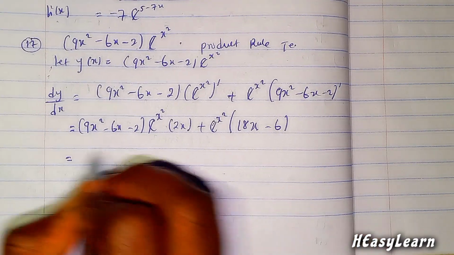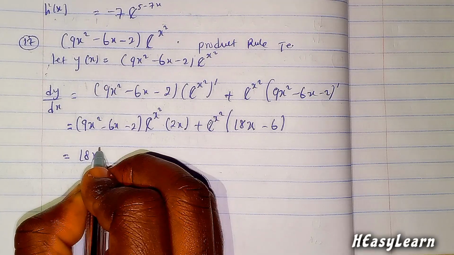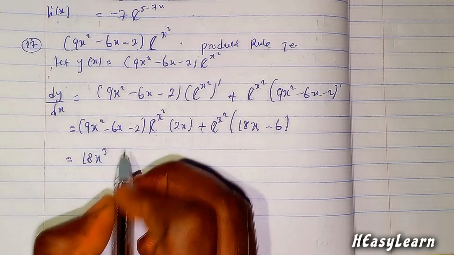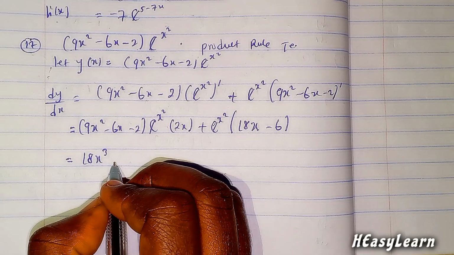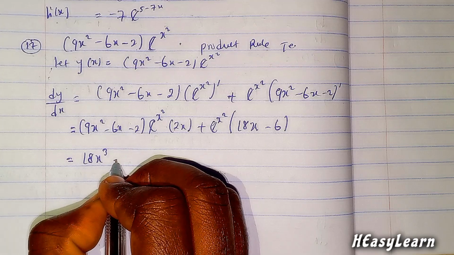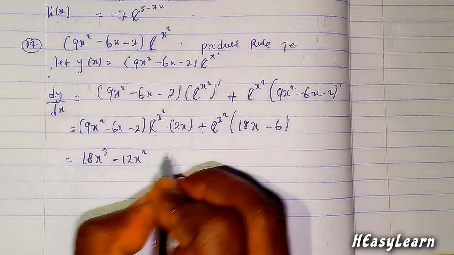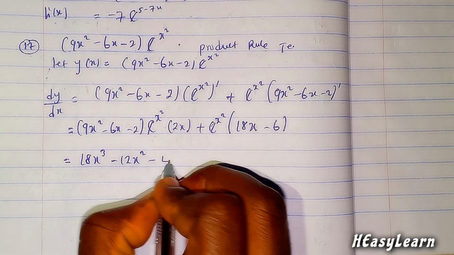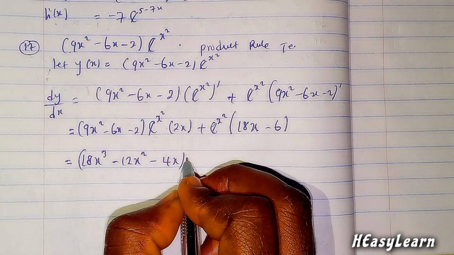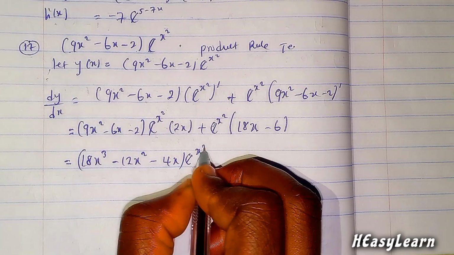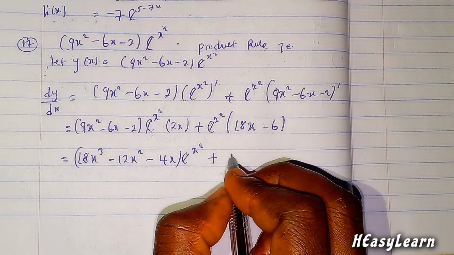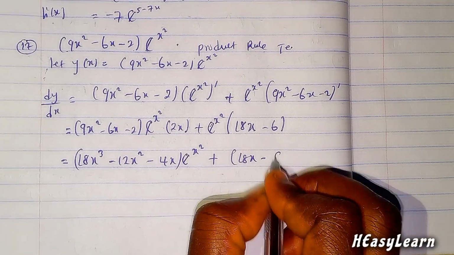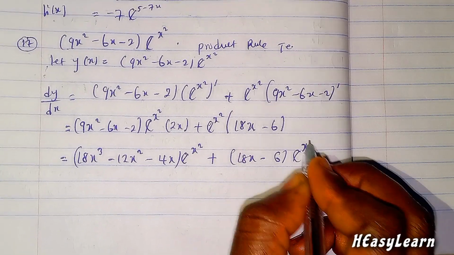This is the same thing as 18x cubed. Use this to open the bracket: (18x cubed minus 12x squared minus 4x) multiplied by exponential x squared plus (18x minus 6) multiplied by exponential x squared.